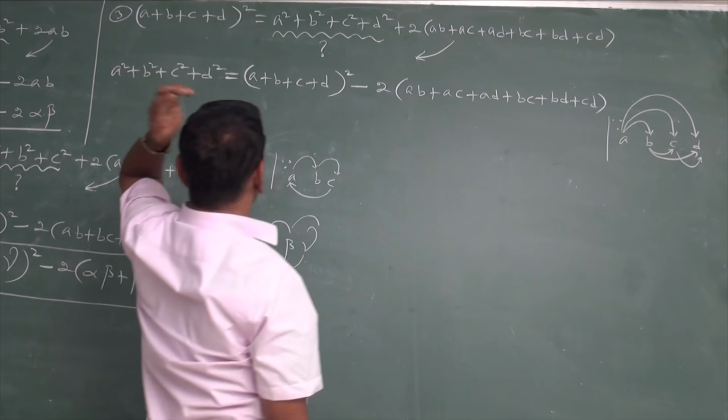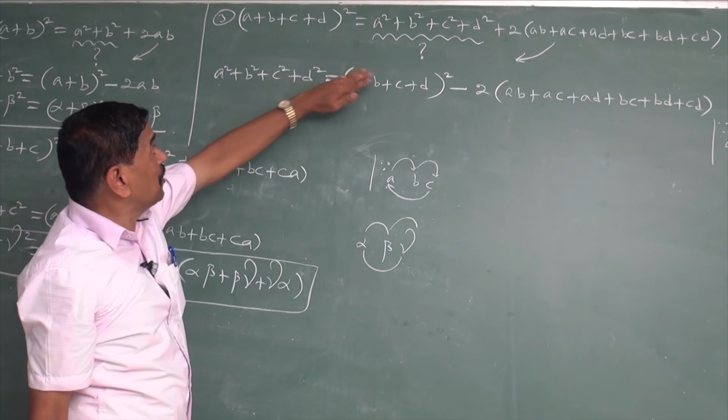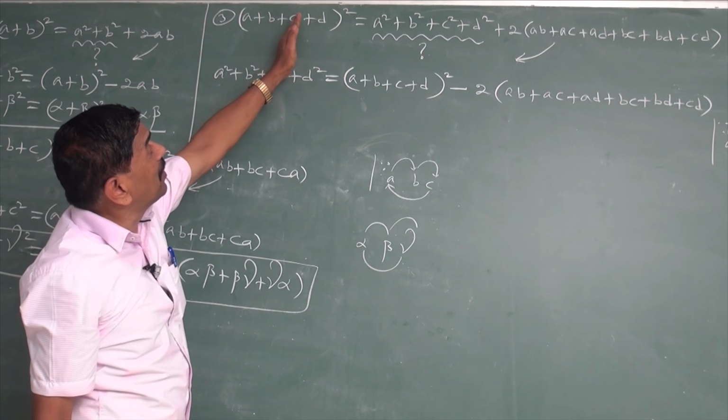That's all. Now a, b, c, d are replaced by alpha, beta, gamma, delta.